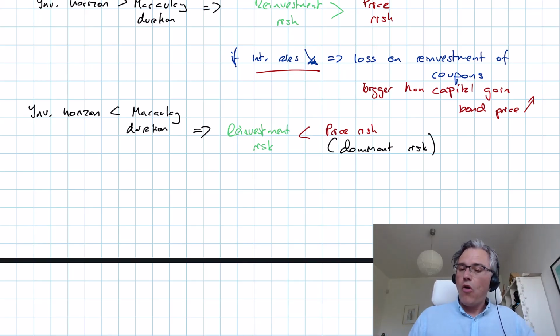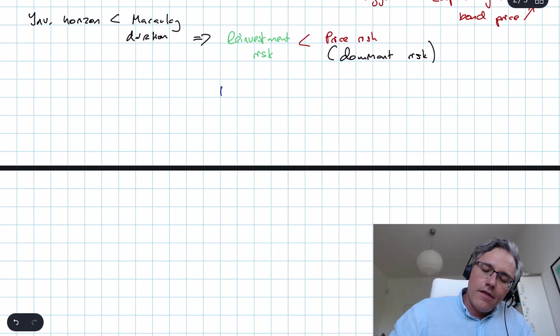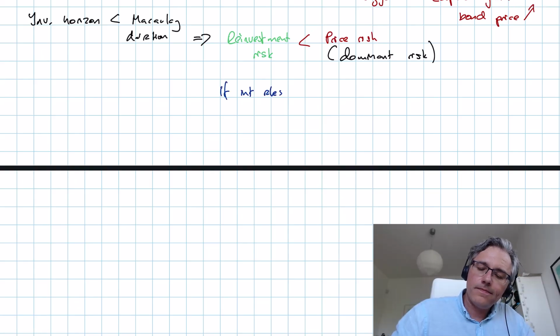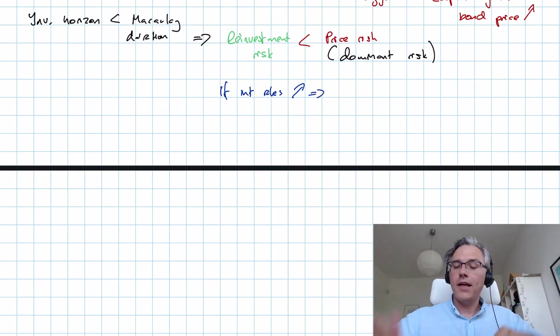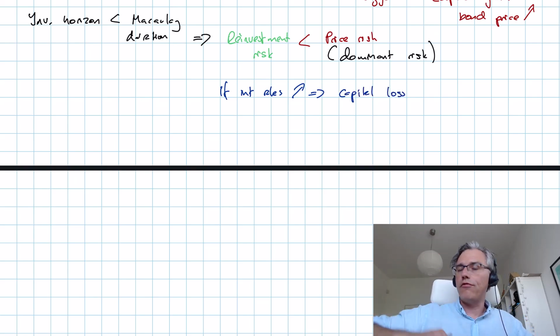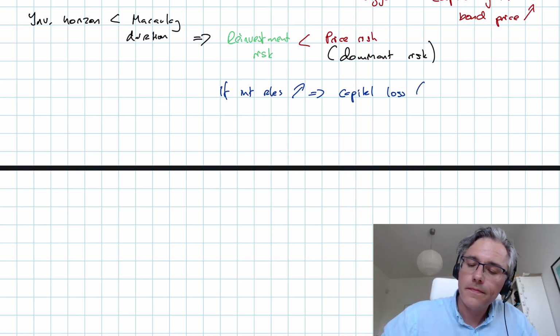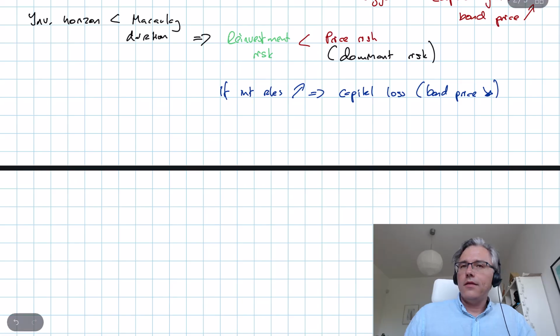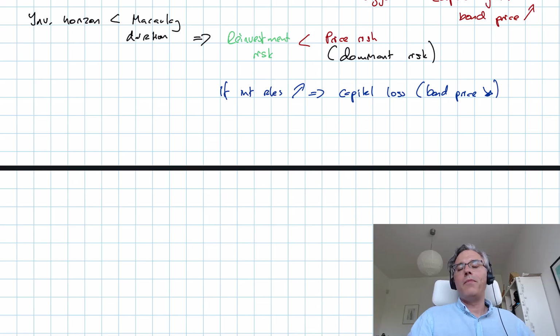And okay, what would be problematic in this case is if interest rates go up, then of course you'll have a capital loss, because the bond price would drop relative to where it would be had it not been for the interest rate increase. So bond price drops. And okay, normally we would say, okay, but this gets to some extent offset by the fact that we are reinvesting the coupons at a higher rate.